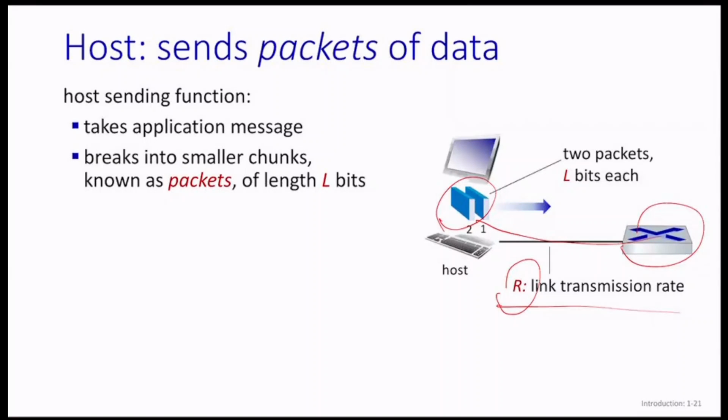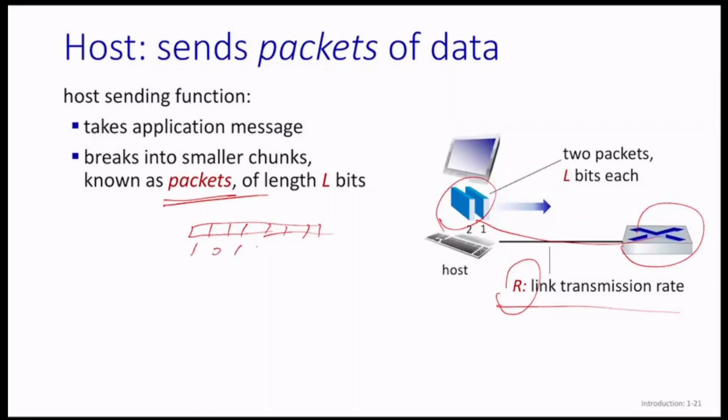If we group the chunks, we create this important concept, the packet. In this course, when we discuss the protocol, we use the packet. Each packet we consider to have L bits, like 1010. So this is the packet, which stores L bits.